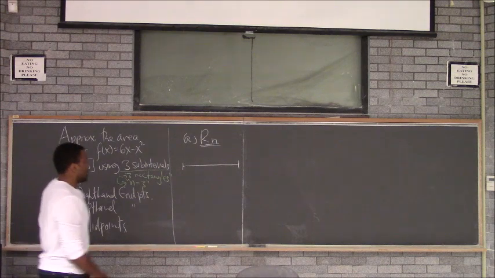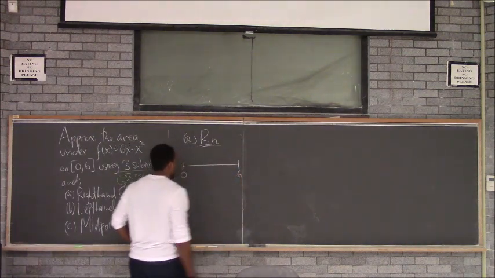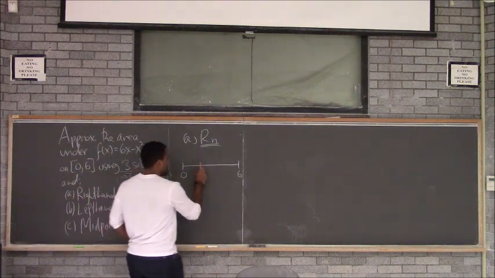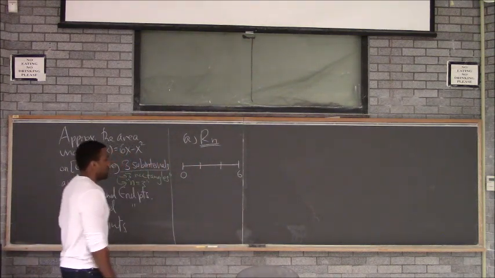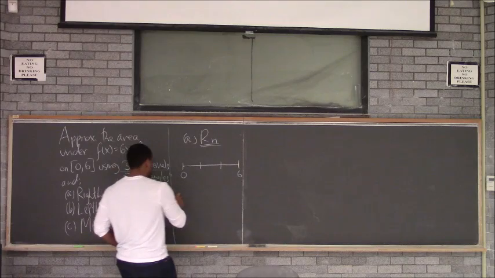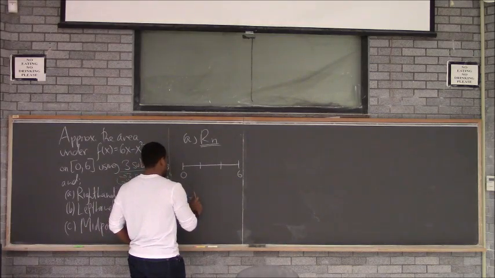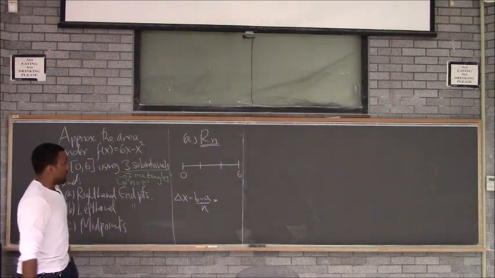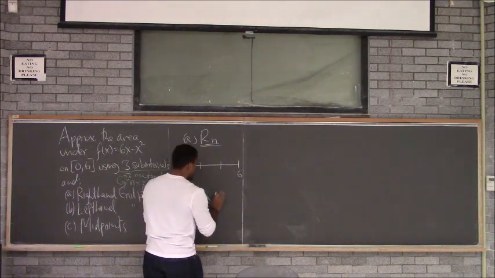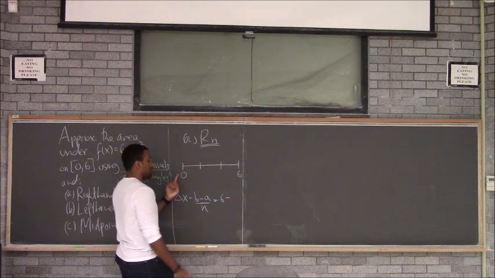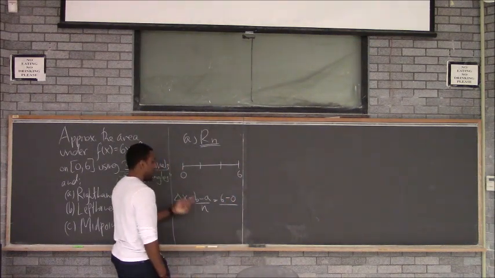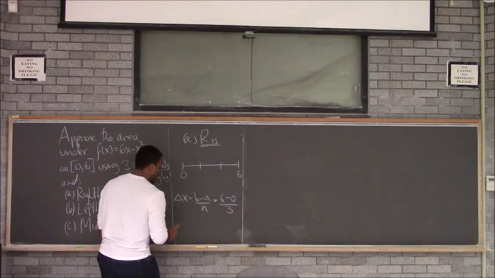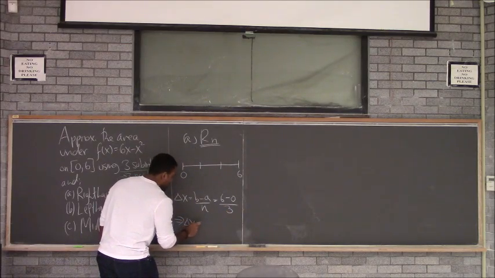Obviously this is from 0 to 6, and I want to use three subintervals, so I'm going to dissect this into three pieces. I will immediately compute my delta x, which you might recall is b minus a over n. The b is the 6, the a is the 0, over n, which is 3 in this case. So this means my delta x is 2.